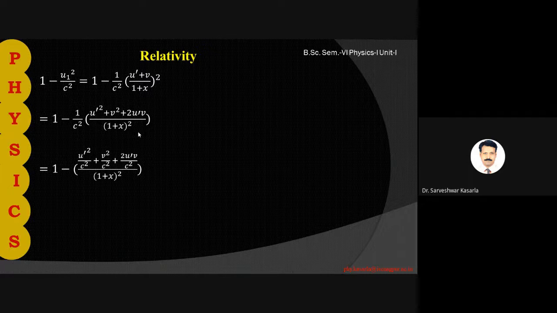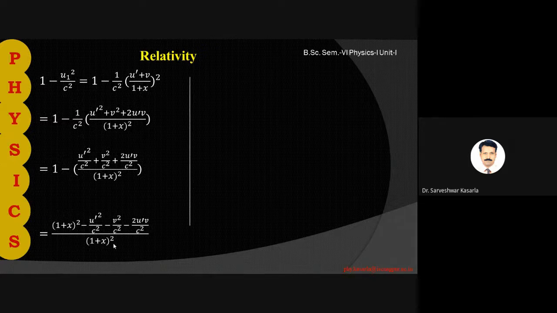You take this square inside and, by cross multiplication, you will get (1 plus x) square minus u dash square upon c square minus v square upon c square minus 2 u dash v upon c square, upon (1 plus x) square.